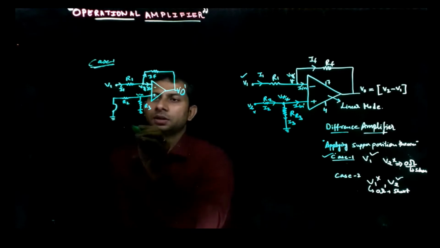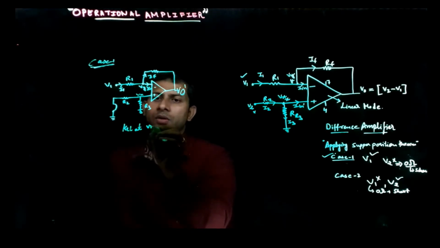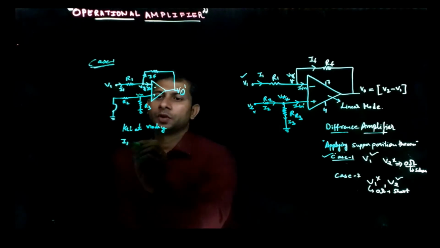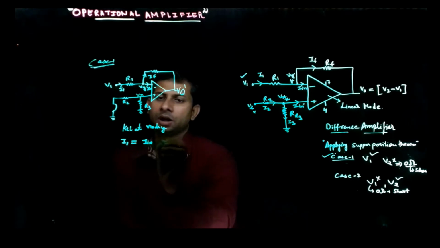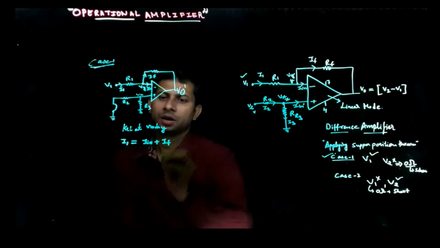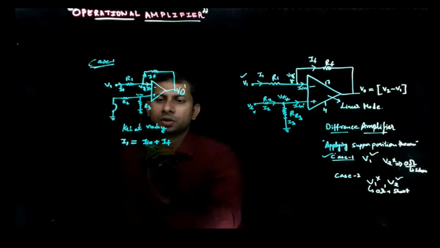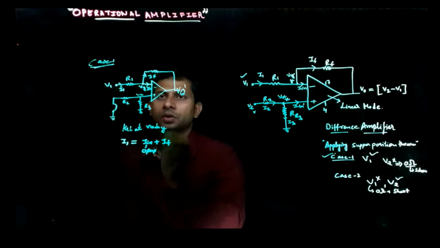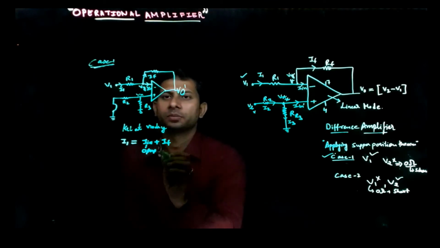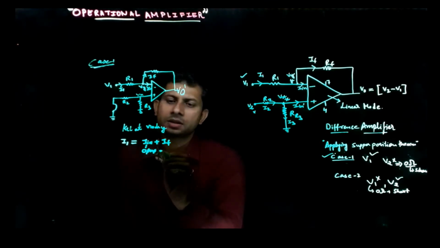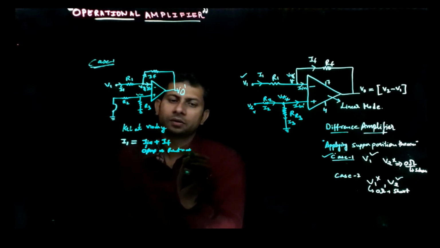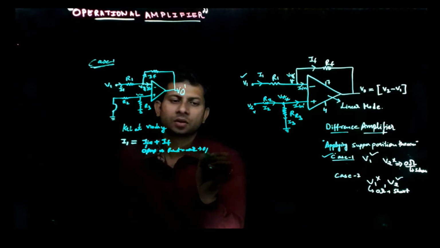Now applying Vx, applying KCL at node Y, I1 equal to In plus IF, and this In is equal to 0 ampere, because the internal resistance of the operational amplifier in the ideal case is infinite ohm and it behaves as an open circuit.